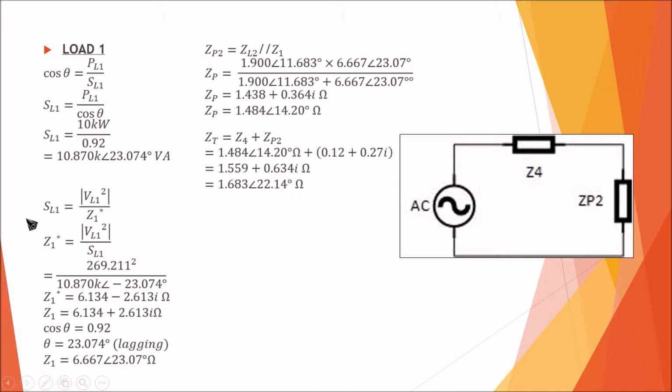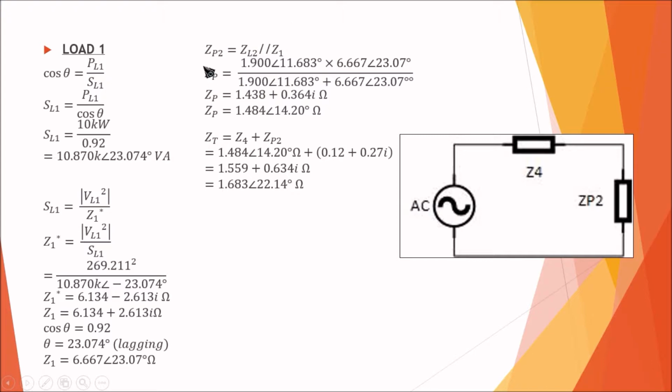Then using the same equation, substitute the complex power and the voltage at line 1 we calculated earlier. Then we will get our Z1, which is our Load 1, 6.667 angle 23.07 degree ohm.